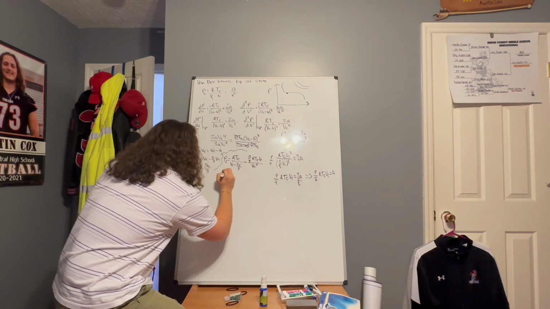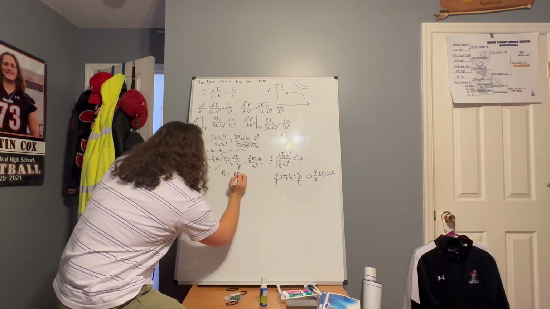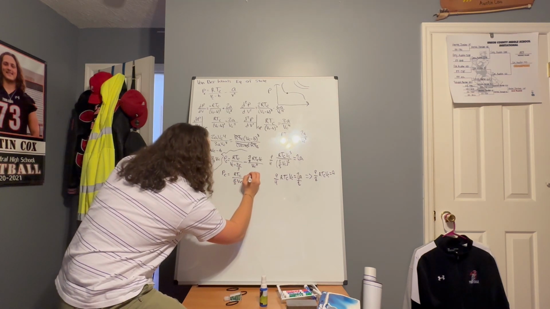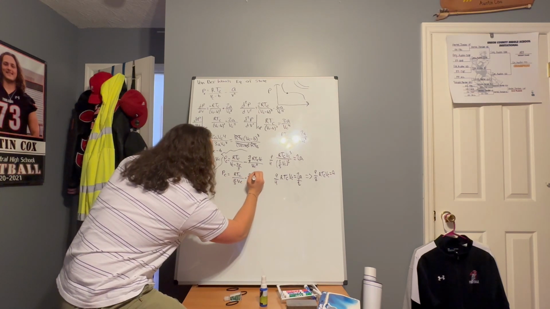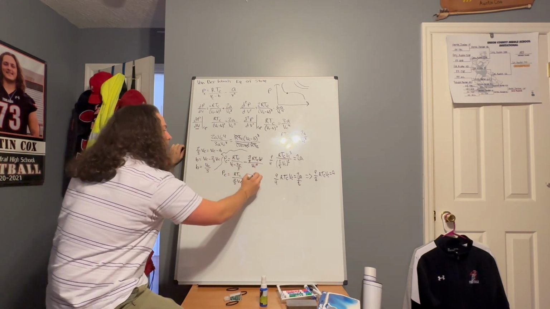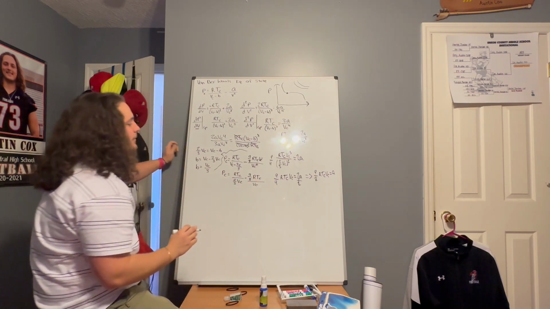So simplifying this, we get RTC over 2/3 VC minus 9/8 RTC, and we can cancel this power, and we are left with just VC on the bottom.